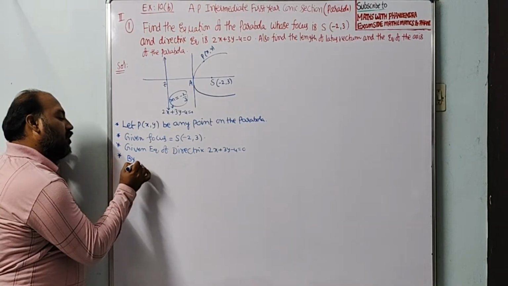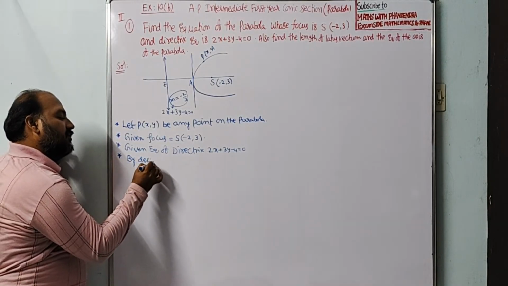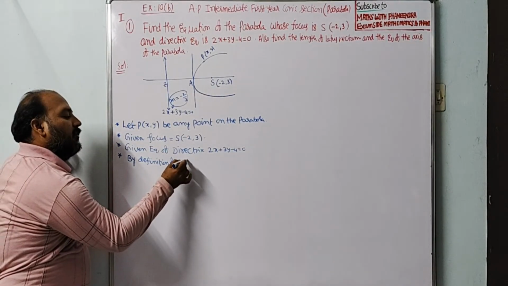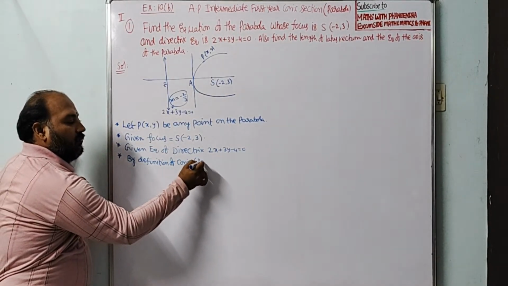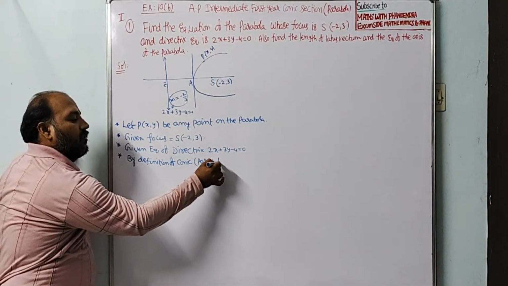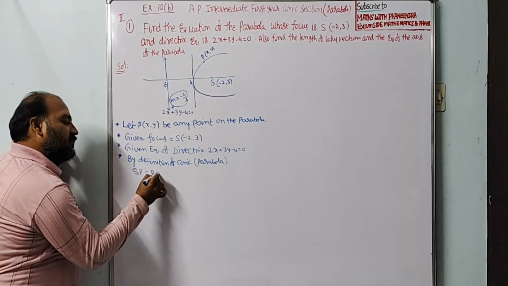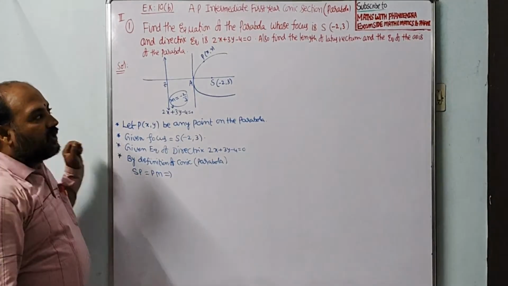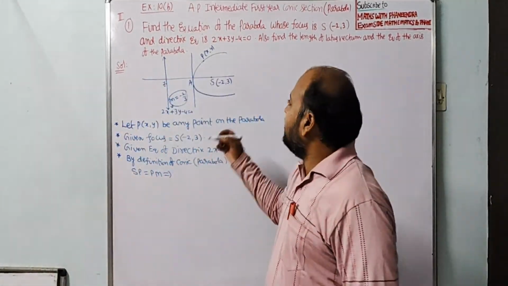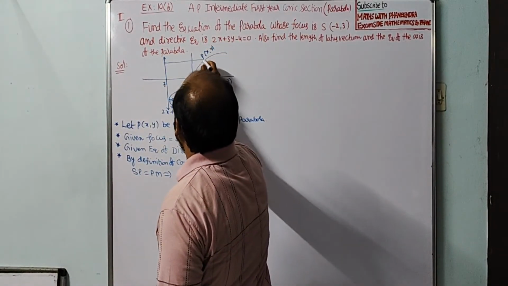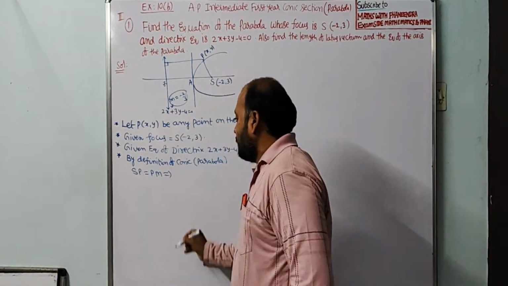By definition of conic, here parabola, SP by PM is equal to 1, that means SP is equal to PM. SP means distance between S and P. PM is the perpendicular distance from point P to the directrix.